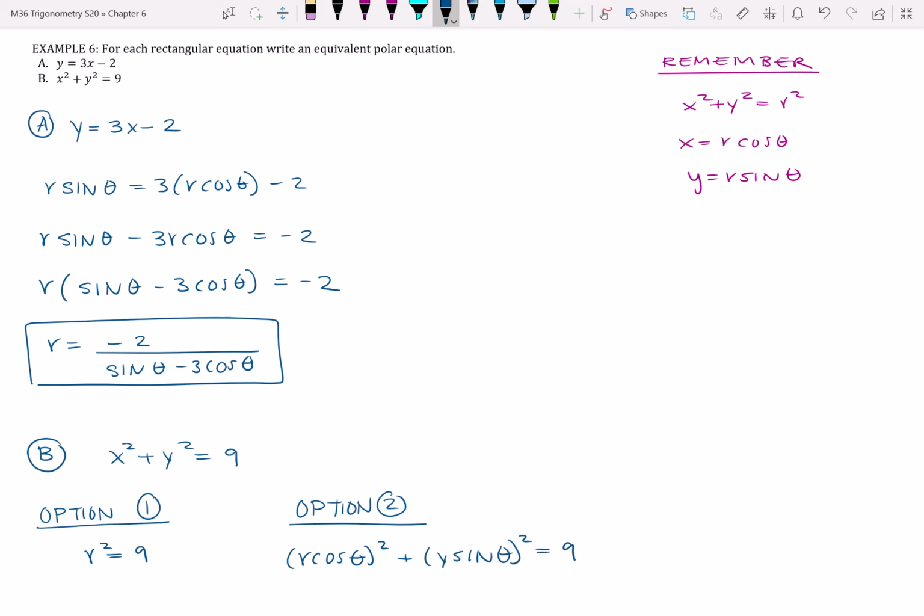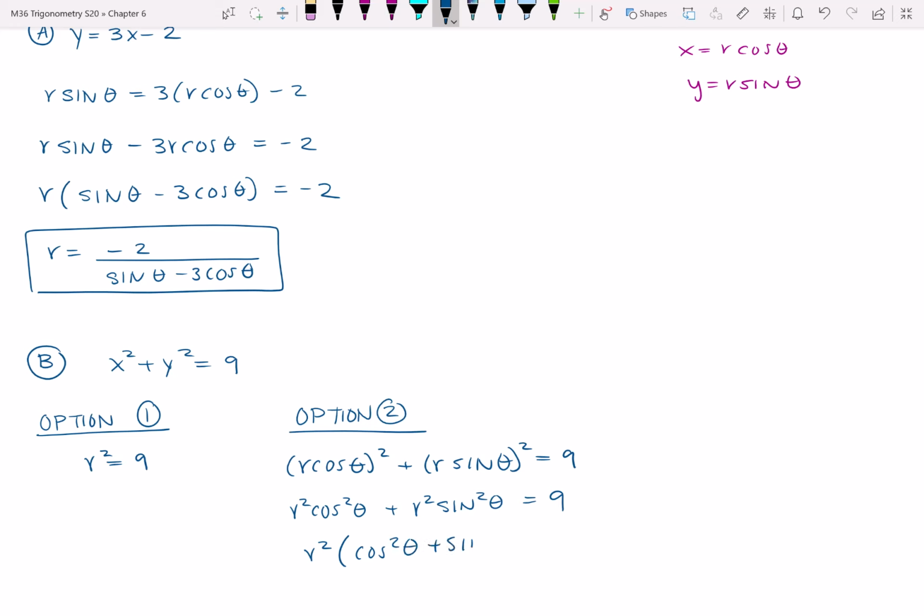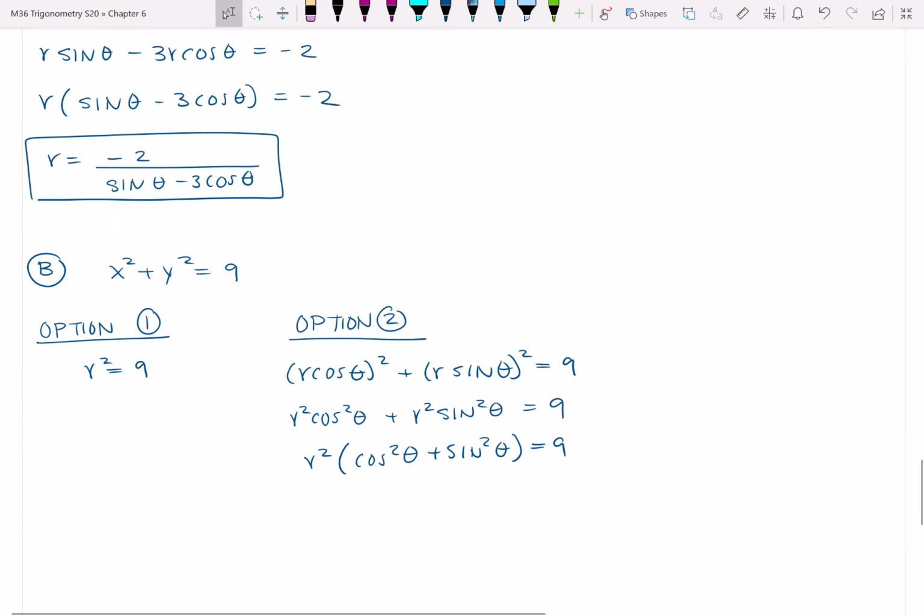Everything's in terms of r and theta, but let's see if we can clean this up a little bit. I think I messed up here; that's an r. This is going to be r squared cosine squared of theta plus r squared sine squared of theta is equal to 9. We factor out the r squared, and we get cosine squared of theta plus sine squared of theta. By the identities, that's just 1, so that's just r squared is equal to 9.